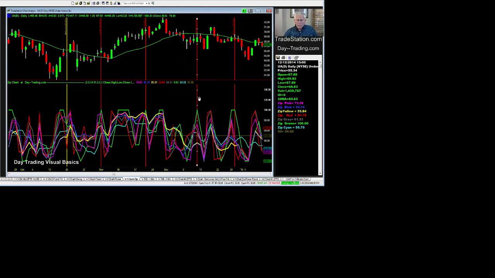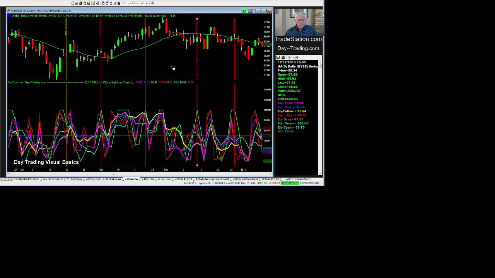But on the day after this vertical line you get a red candle, and the pink is really low, like 72, which is 28 points lower than the green. What I'm driving at is that the second day is coming up, and that second day is a nice red candle.